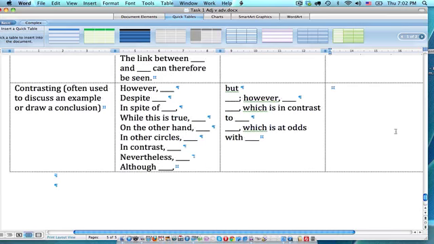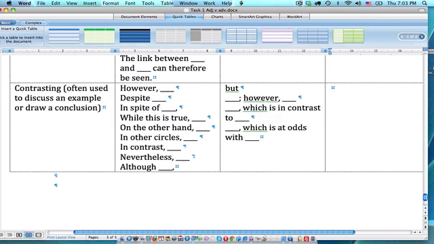Okay, and then the contrasting phrases that we went over were: however, comma; despite, in spite of, blank, comma; while this is true, comma; on the other hand, in other circles, in contrast, nevertheless, comma; although, blank, comma; and then we had "but."